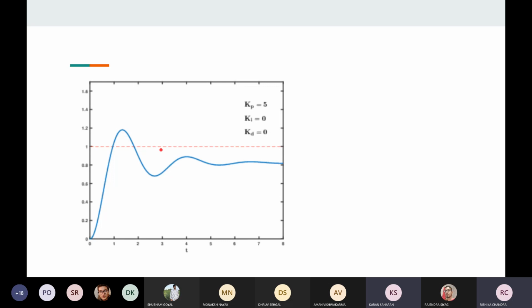Okay, so let's understand it by the graph. Suppose the set point is here, at 1. At t equal to 0, the set point is 1, and at t equal to 0, the process variable is 0. So the error is what? Set point minus process variable, right?